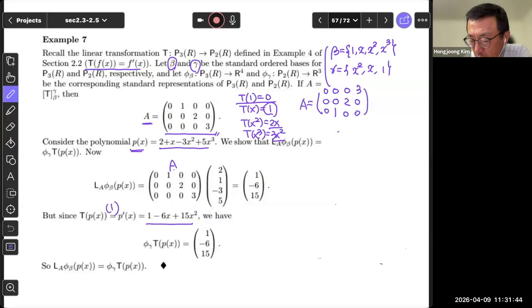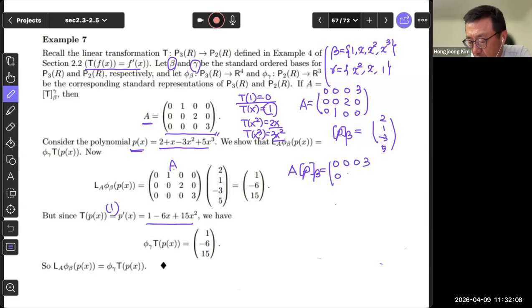Then what is the coordinate of P with respect to beta? Since beta is still the same, you get 2, 1, minus 3, and 5. Now, if I multiply A with this coordinate, you get 15, minus 6, and 1.